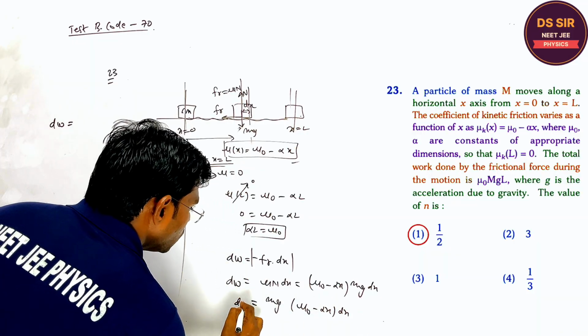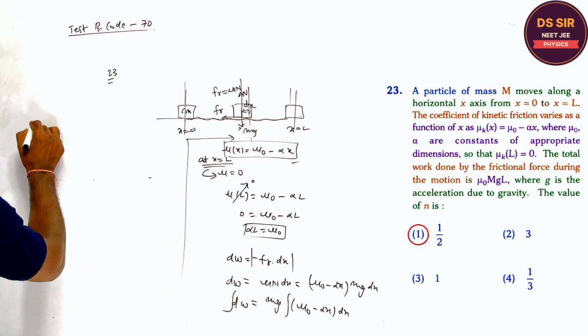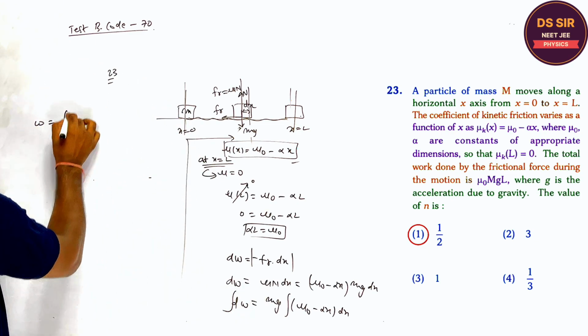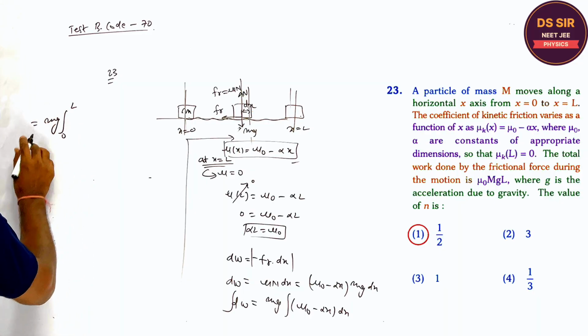This is the dW. To find the total work, what you have to do? You have to integrate from where to where? From 0 to L. This mg is what? Say constant. It comes out from the integration.